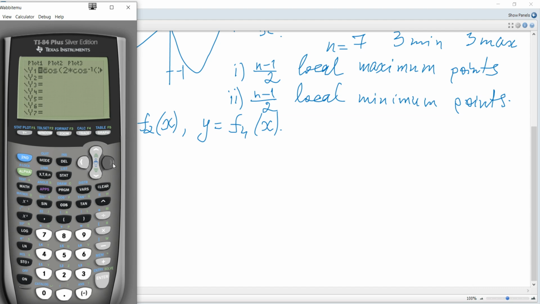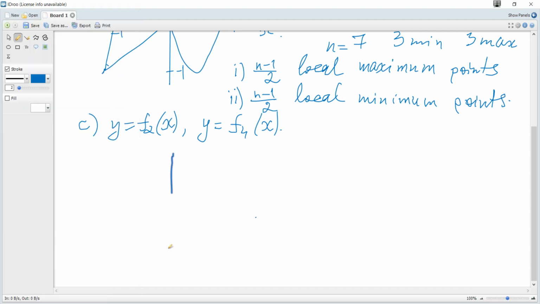And when n is 4, it looks like this. Let's sketch it.